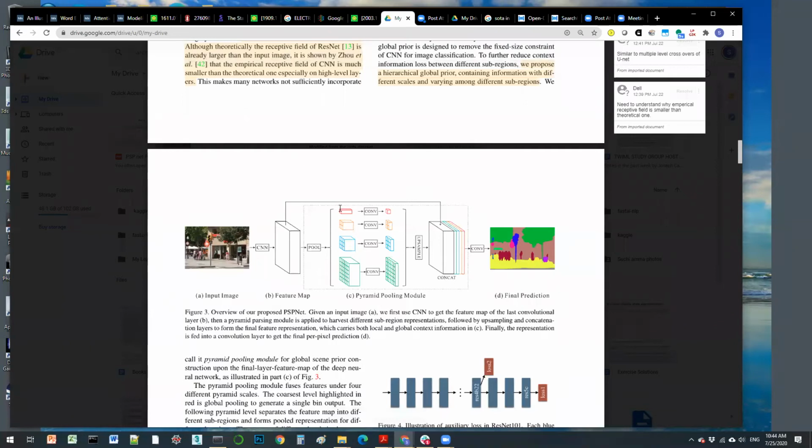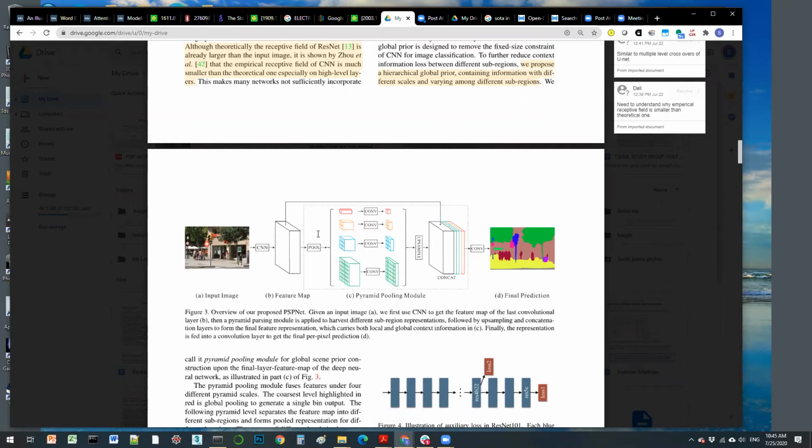Let's stick with the example of n equal to 4. One of them is 1x1. The next one, the red one, the next orange scale is 2x2. The blue scale is 3x3. And the green one is 6x6.